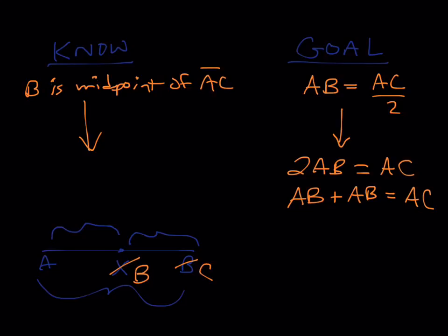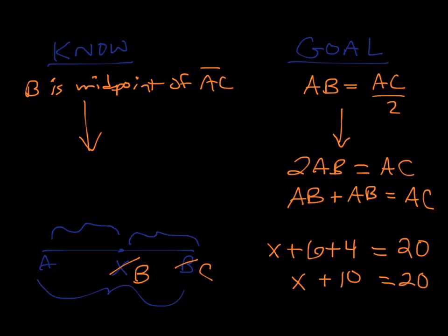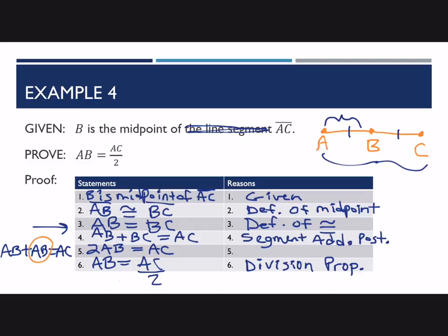So if I had something like x plus 6 plus 4 equals 20, and then my next line was x plus 10 equals 20, that's also the substitution property because I've swapped out 6 plus 4 with something that it equals. So this is the substitution property as the reason.